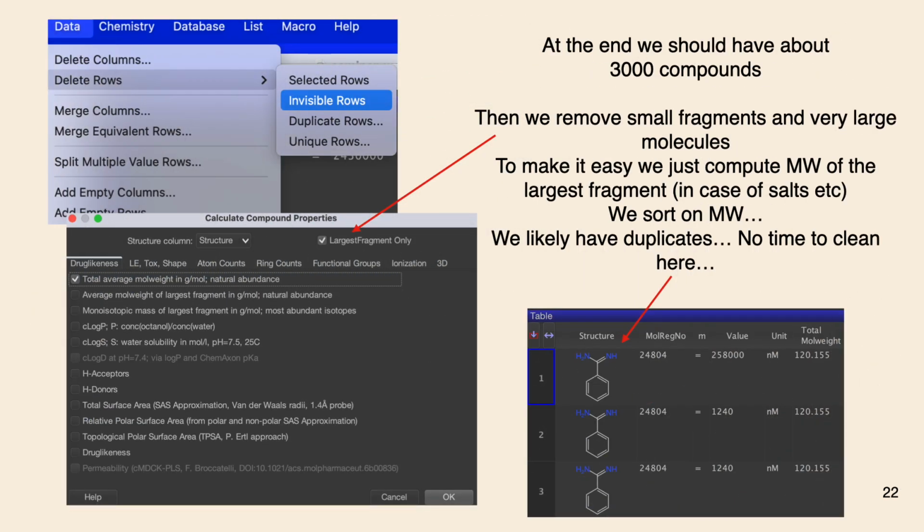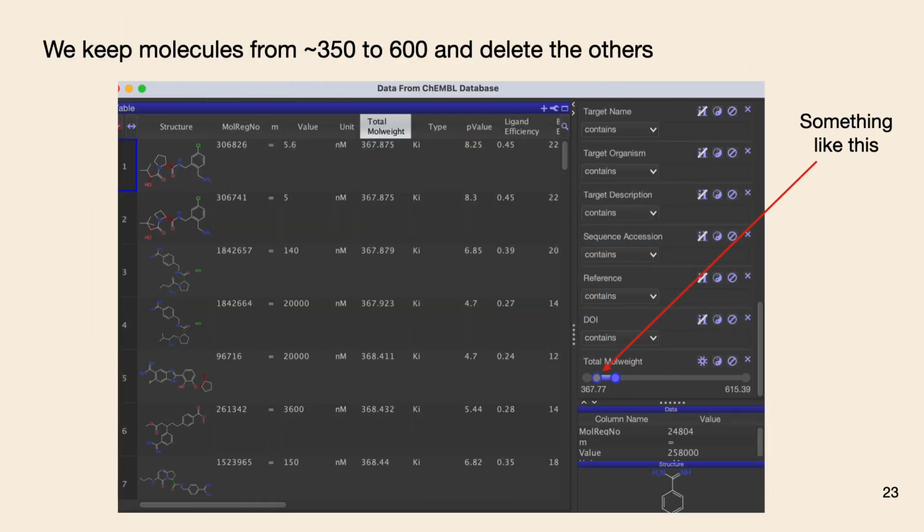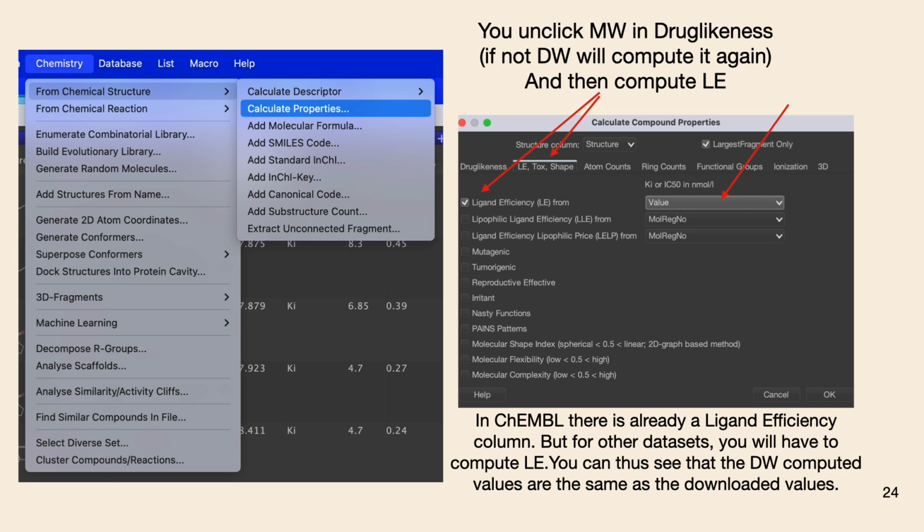Then we compute molecular weight to remove very small fragments and molecules that are too large. Now we keep molecules with molecular weights between about 300 and 600 and delete the others. In this database, the ligand efficiency values are already present, but we will compute them again with DataWarrior.